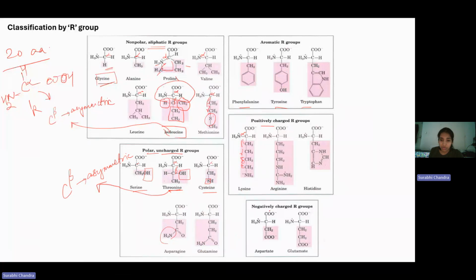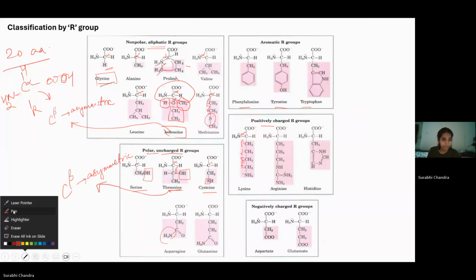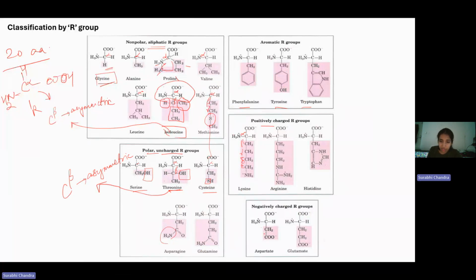Next, we have negatively charged R functional groups, wherein aspartate has an extra carboxylic group here, and glutamate has an extra carboxylic group here.